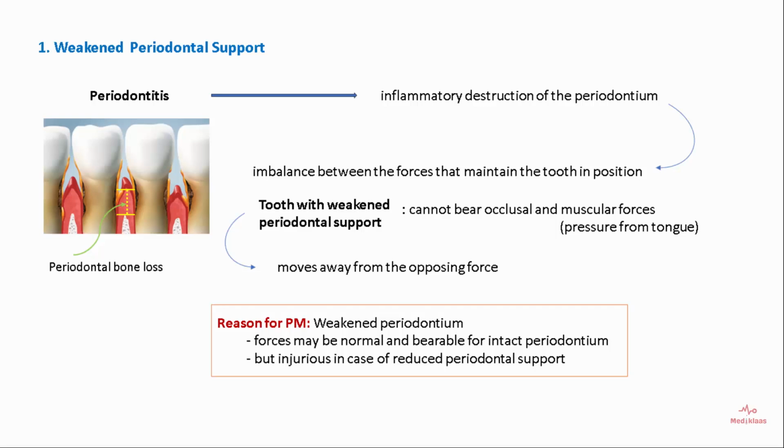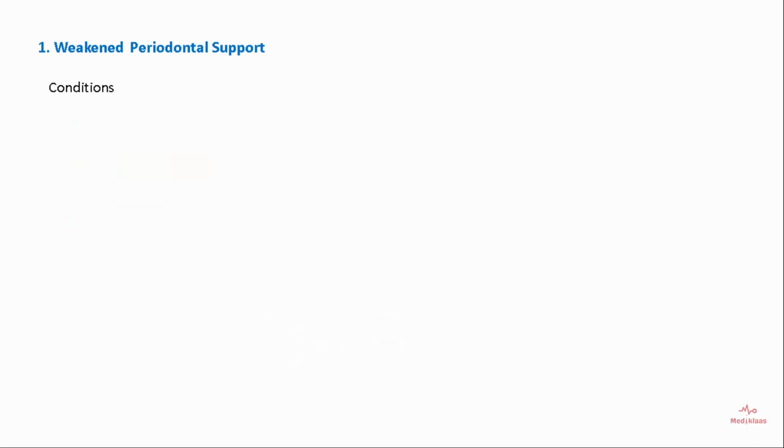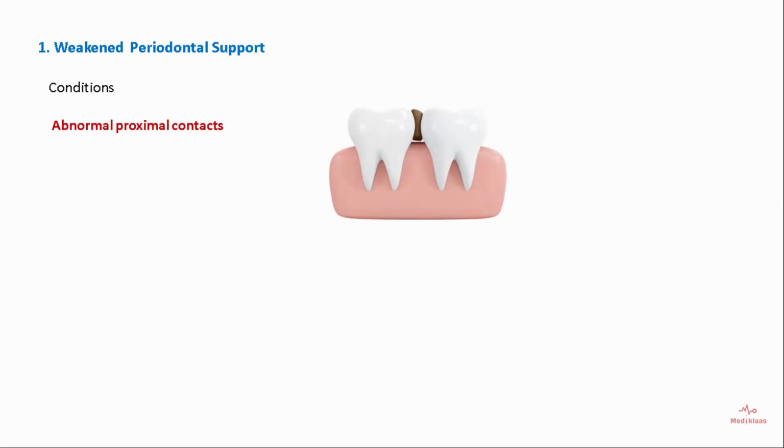The reason for pathologic tooth migration in weakened periodontium is that forces may be normal and bearable for an intact periodontium, but injurious in case of reduced periodontal support. Weakened periodontal support can occur due to conditions like abnormal proximal contacts. These abnormal proximal contacts lead to the normal anterior component of force becoming a wedging sort of force.